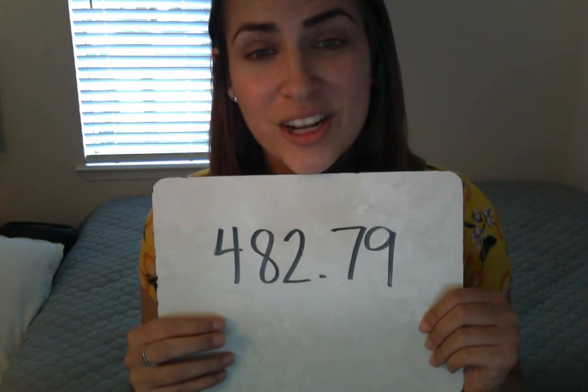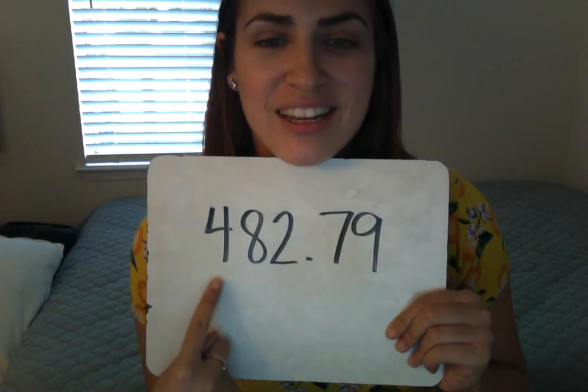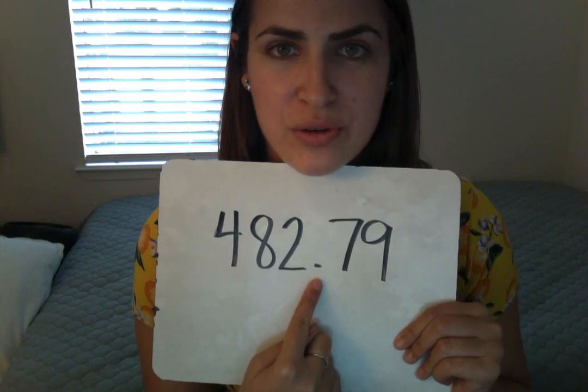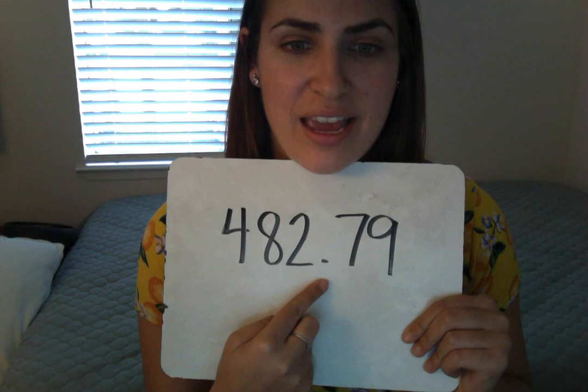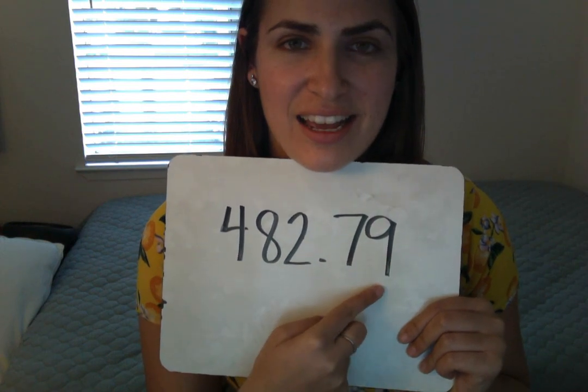Well, let's try to do it together on the count of 3. 1, 2, 3. 482 and 79 hundredths. This decimal point, you say the word and. So 482 and 79 hundredths.